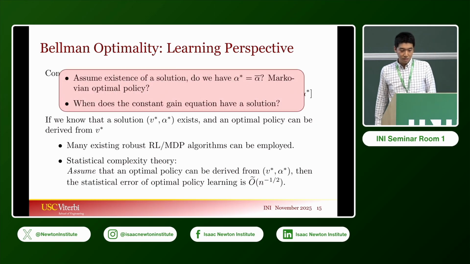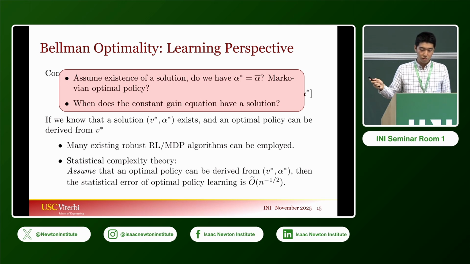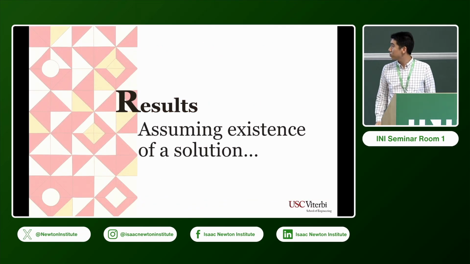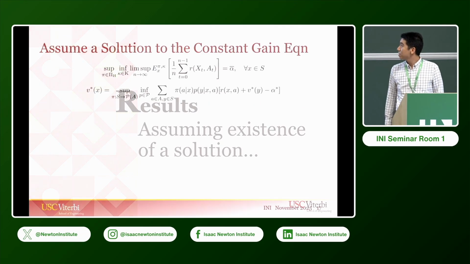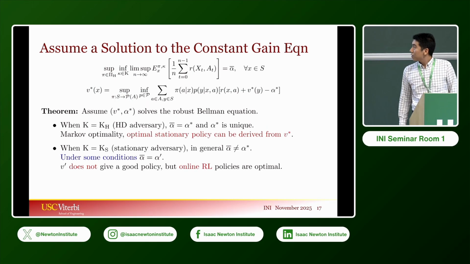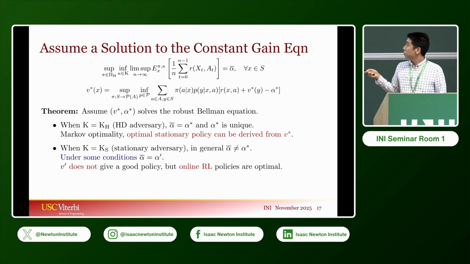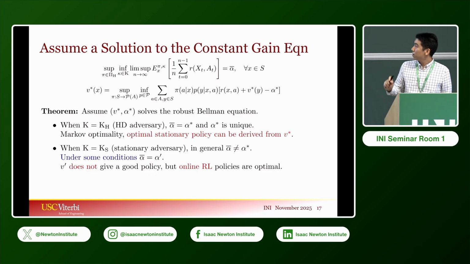Going back to the questions we want to answer, I'll answer them one by one. First, we assume that there exists a solution and see what happens. We show that the following theorem holds. Assume that there exists a solution pair, V star and alpha star.